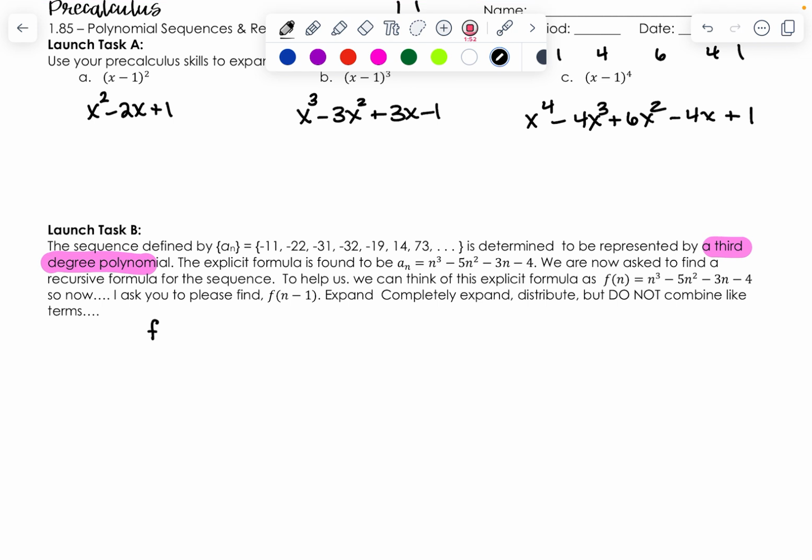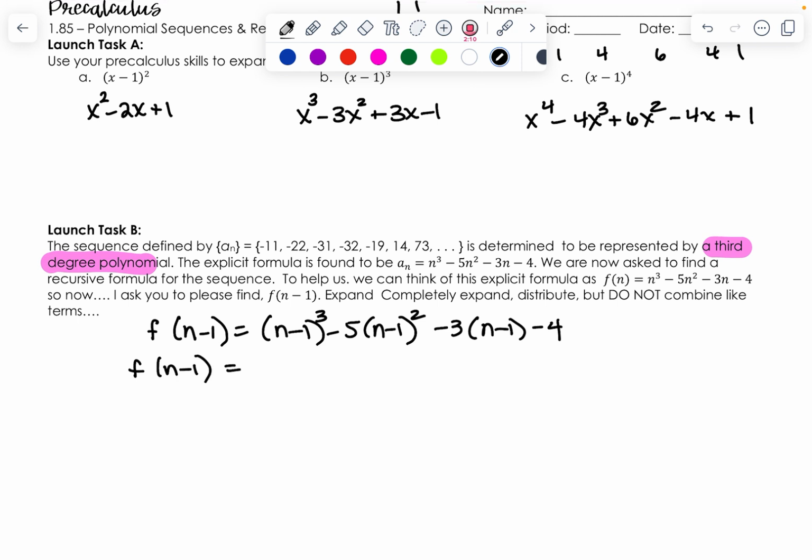So what you're going to be asked to do is do f of n minus 1. So this is n minus 1 cubed minus 5 times n minus 1 squared minus 3 times n minus 1 minus 4. Okay, so think about what we did right up here.